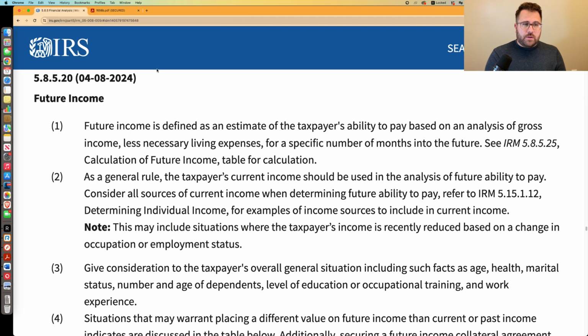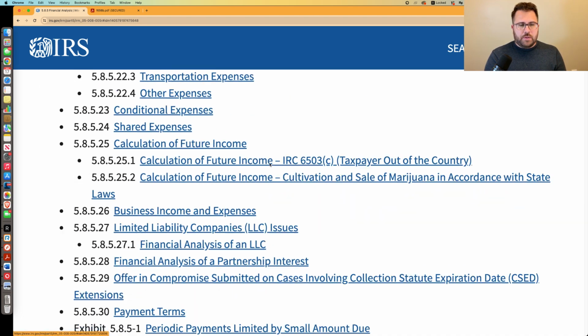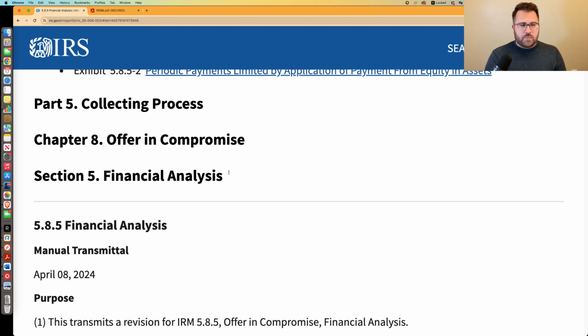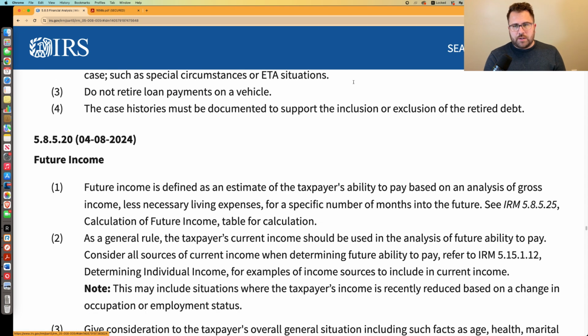And for that, we go to section 5.8.5.20 of the Internal Revenue Manual. The 5.8.5 section of the IRM has to do with the financial analysis of a taxpayer with respect to the IRS offer in compromise program. As you know, if you watch my offer in compromise videos, your offer amount is also known as the reasonable collection potential.